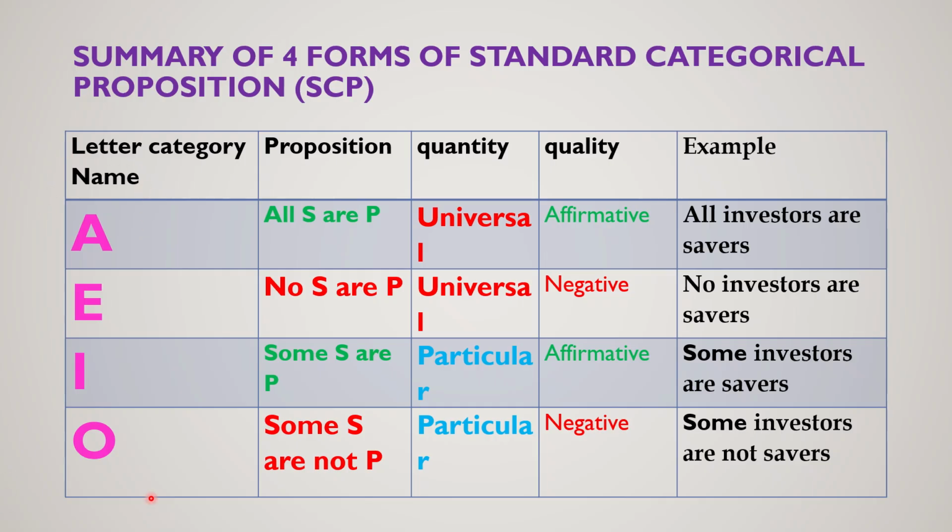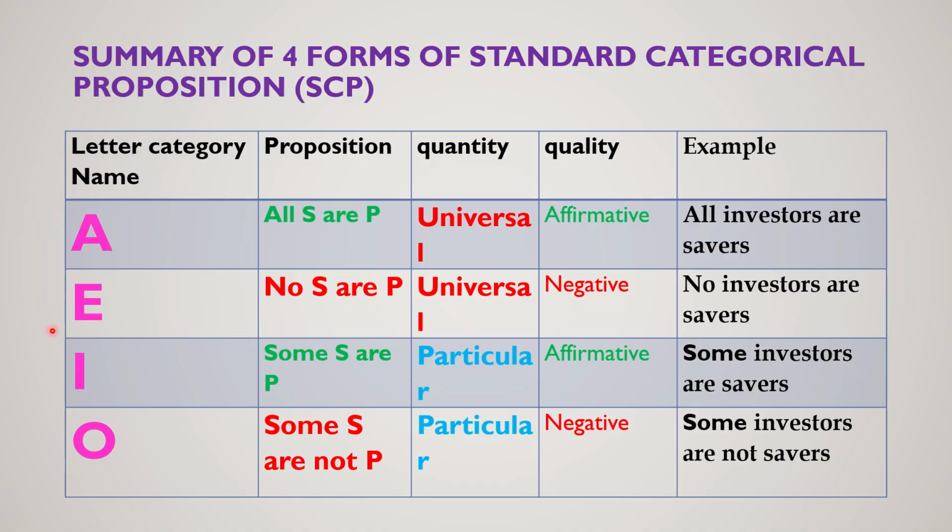So it is important that you note and remember this table, because when you see a syllogism where you are given A, E, I, you are supposed to know that the first one needs you to give an example of a proposition or premise that is universal affirmative.